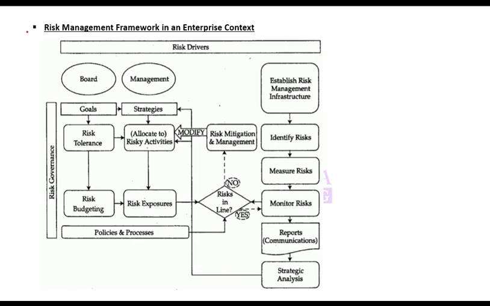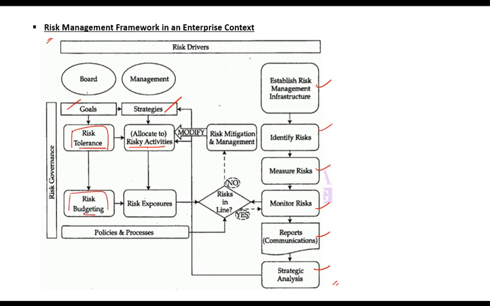This is just an overview of the risk management framework in an enterprise that you can go through. So you establish infrastructure, identify risk, measure risk, monitor risk, communicate, and then all of this combined leads to a strategic analysis. Based on the strategic analysis, the board would set goals, management would set strategies to achieve those goals, the board would set risk tolerance, and management will allocate this risk tolerance to risky activities, that is, how much risk can be taken in each of these activities.